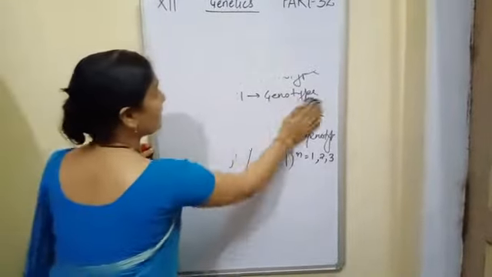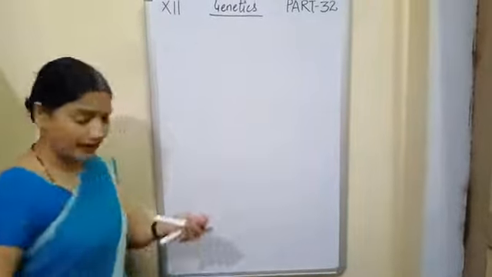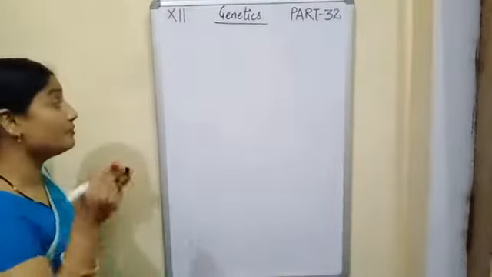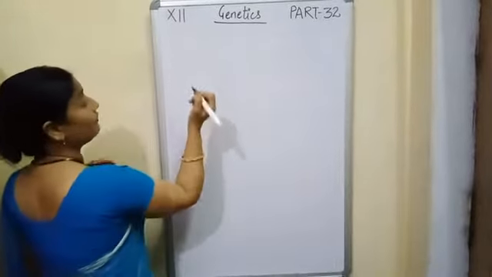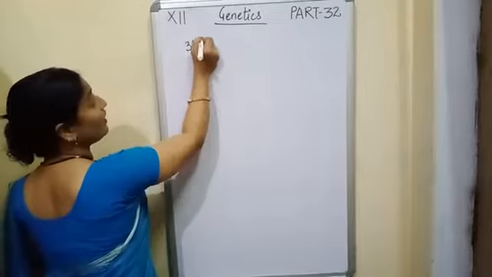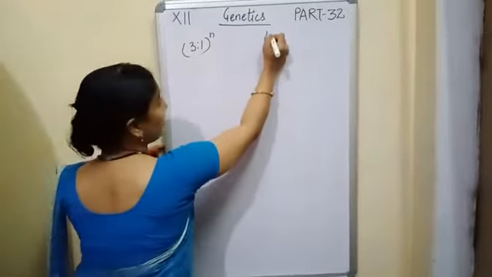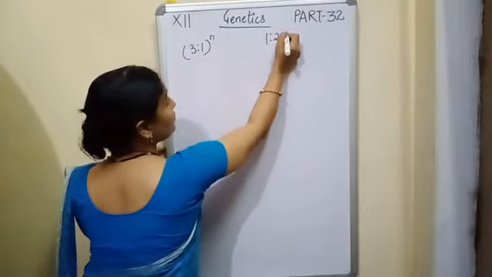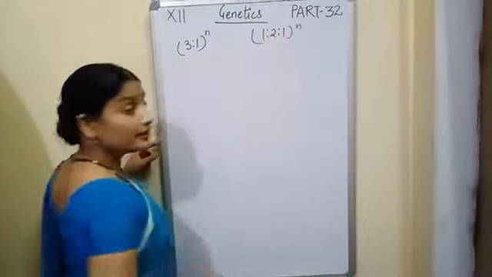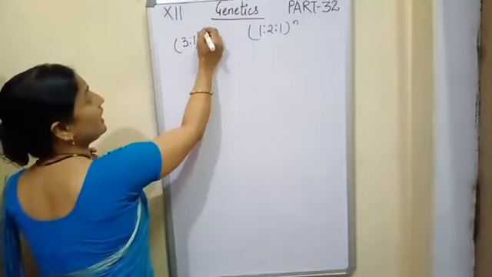Okay. Now see what I am telling you, that there is a very simple formula. Children, you have to remember this. Okay. We have a very simple formula for the monohybrid, that is 3:1 power N, and for the genotype we have 1:2:1 for N. Now suppose I am giving you the dihybrid.